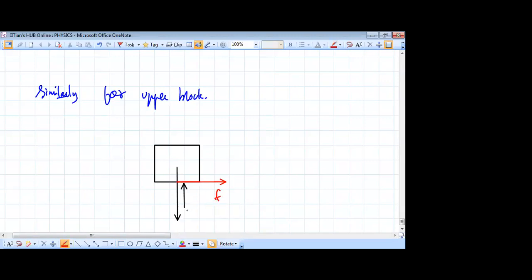But mind you, that horizontal acceleration should be same as this one. It should be the same as the horizontal acceleration of the lower block. So what is happening for this? Along the vertical, again forces balance.